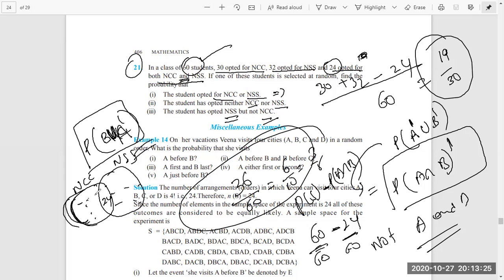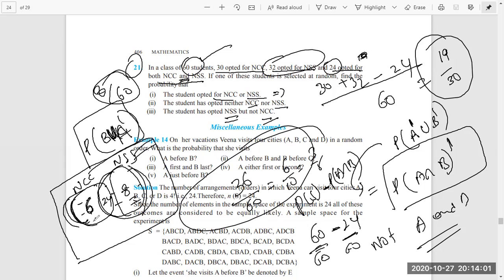All NCC students are 30, so 30 minus 24, that is 6, only opted for NCC. 24 is the intersection of both, and only NSS is 32 minus 24, that is 8. So the students who opted NSS but not NCC, only this part, is 8 divided by 60. You have to understand this Venn diagram. Once you understand, you can use it.